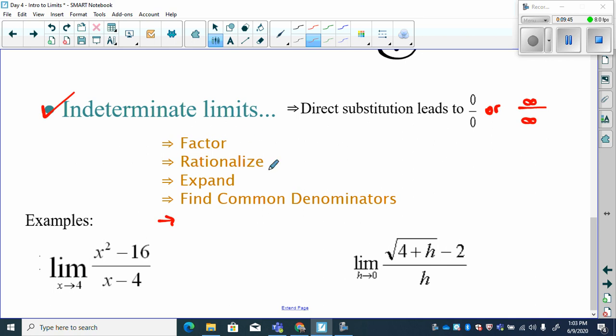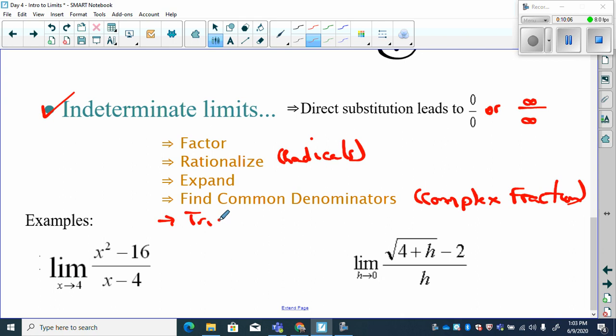Rationalizing, for when you get radicals. We can expand, or we can find common denominators, which is when you have a complex fraction. This method works well. You could also use a trig identity when we're doing limits of trig functions, but that's for another video as well.